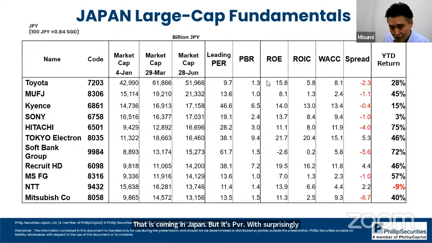It was improving, from under 1.0 two years ago, and ROE is improving at 50.8%, but ROIC is surprisingly low at 5.8%.